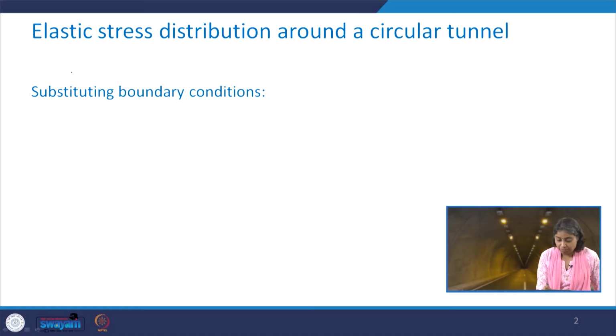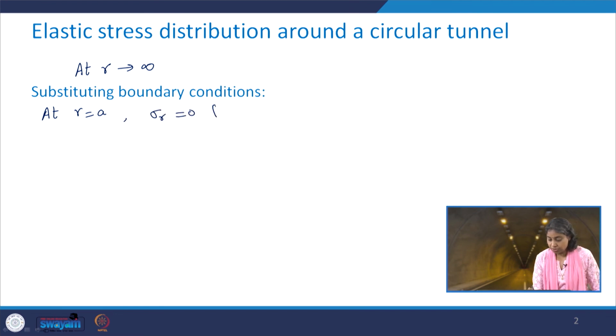In the previous class we applied the boundary conditions at r tending to infinity. We have now, at r equal to a, the stress free boundary, that is sigma r is equal to 0 and tau r theta is also equal to 0.